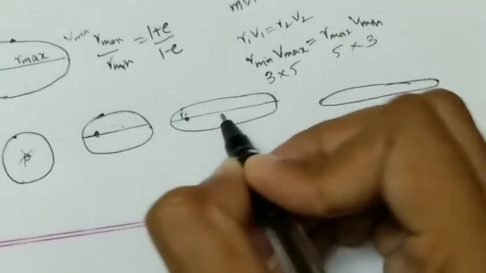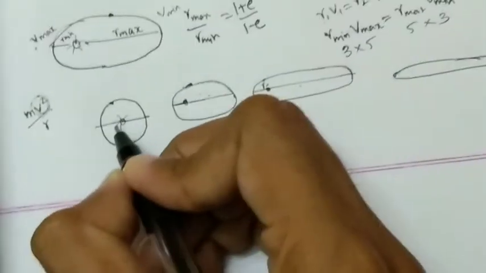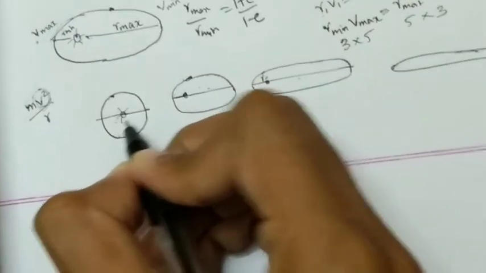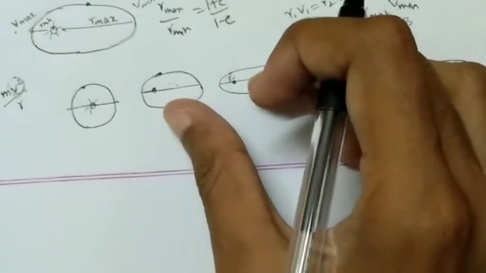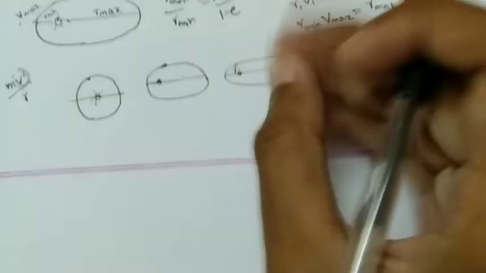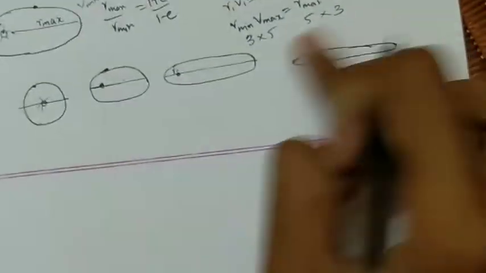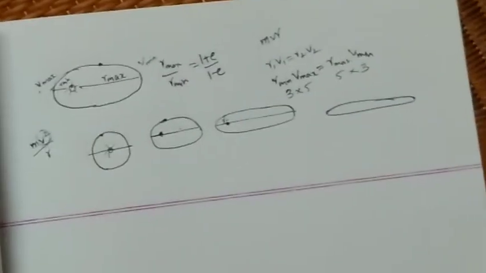The greater the variation between R max and R min, that is, the more the difference between them, the more eccentric the orbit would be, so eccentricity increases. Here in the circle there is no variation at all, no R max or R min. That's why we have it like this.